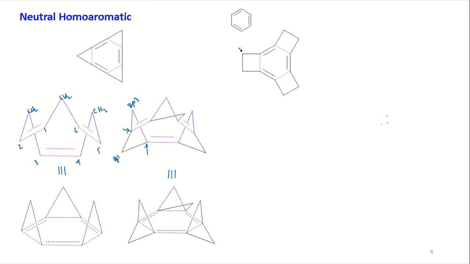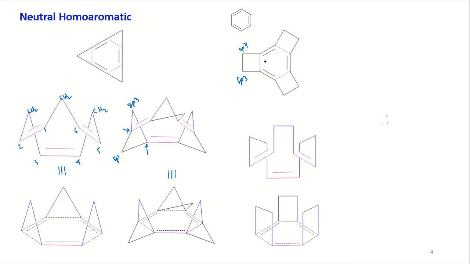So this is sp3, this is sp3. Okay, so two sp3, they are connected. Now this is also called a homoaromatic compound. Okay, structure-wise, this is the frame, and this is the canonical structure. You have the resonance happening at the base, which is of benzene structure.